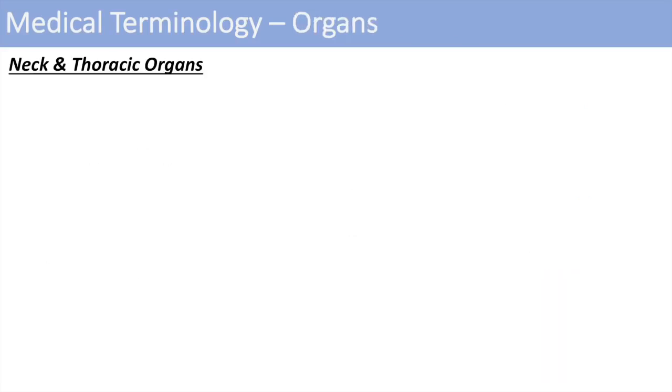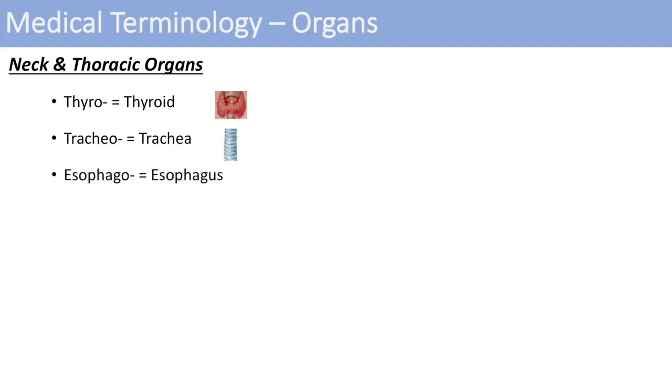So the next organs I'm going to get into are the neck and thoracic organs. So starting with your thyroid, thyro is the prefix for that one. Tracheo for trachea. Esophageo or esophago for esophagus.